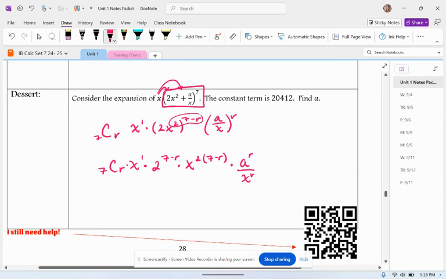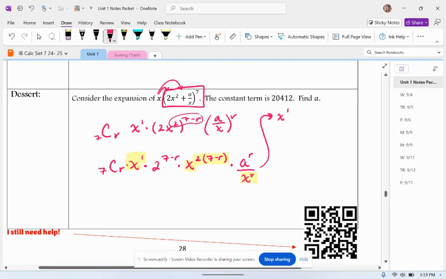If we multiply these all out, let's think about what we're considering in order to make our decision. We need a power of x right here, a power of x right here, and a power of x in the denominator. If we focus on those three important pieces, we can figure out what r yields the constant term.